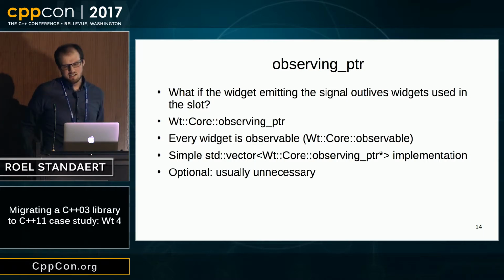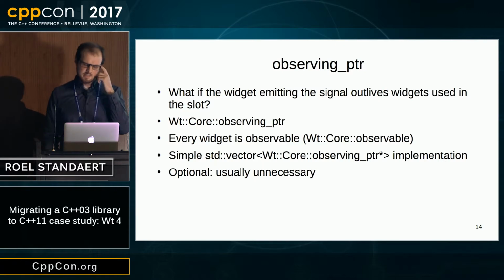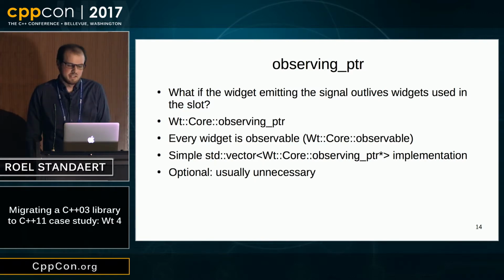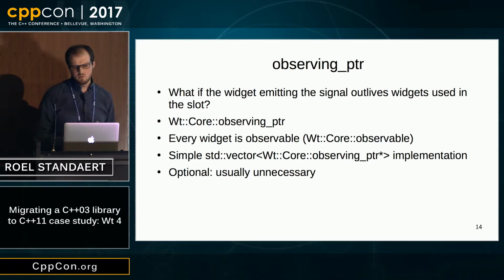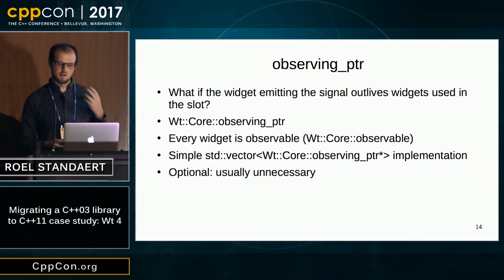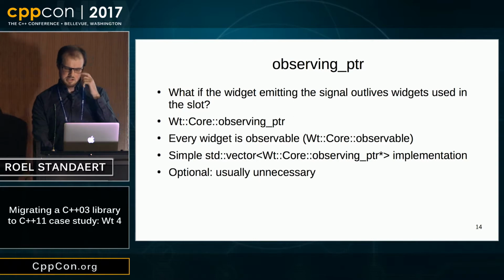We noticed that for the most part, this ended up being unnecessary, because for the way that our applications worked, this was an uncommon edge case. We don't want to force a new concept onto our users, and if they're sure that they're not going to have these dangling pointers, then we didn't want to necessarily say you have to use it.